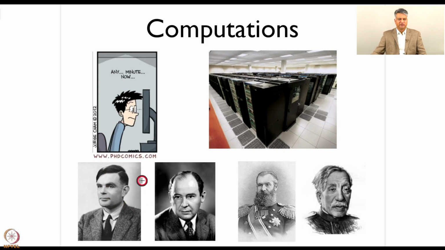The first person on the left of the screen is Alan Turing. Now, one would ask, what is the contribution of Alan Turing to high-performance scientific computing? Alan Turing was the first one to propose what today we know as the Turing model, an abstract model of a computer where you have one bit of information which goes into a sort of black box, undergoes certain operations, and then comes out as an output.